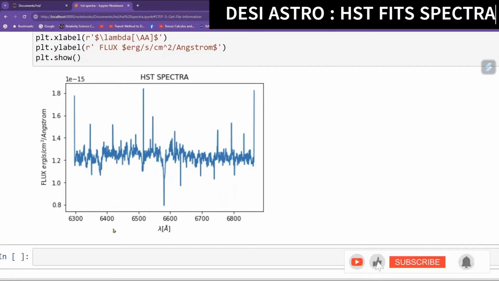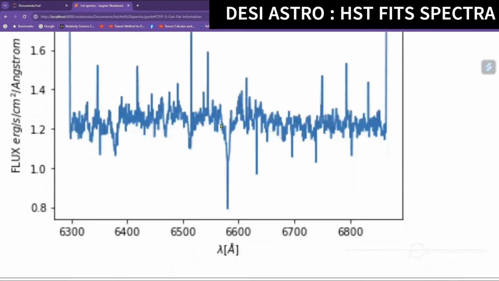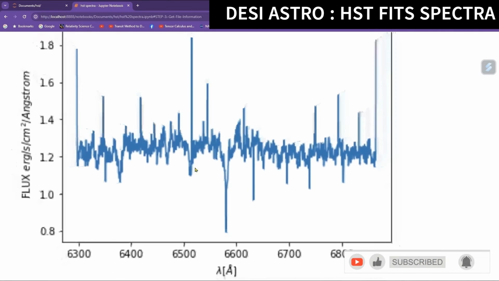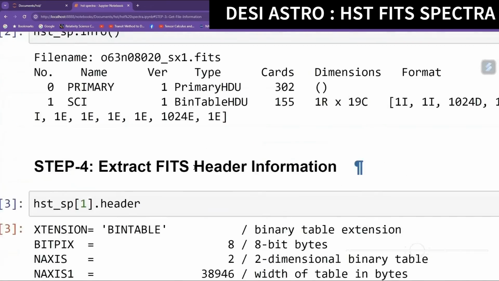You got lambda in the rest frame, and this is the unit of the flux. So these are like lines. If you observe, these are called emission lines, and the deep ones below are called absorption lines. Okay, so this is one spectra of HST, and one more I can plot here.